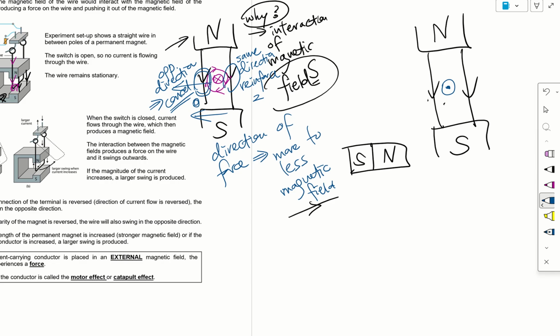So how would we draw the magnetic field lines? The thumb will represent the direction of the current, and if you are looking at the screen, your thumb should be pointing to yourself, and if you are using the correct hand, which is the right hand, the direction of the magnetic field will be in an anti-clockwise direction.